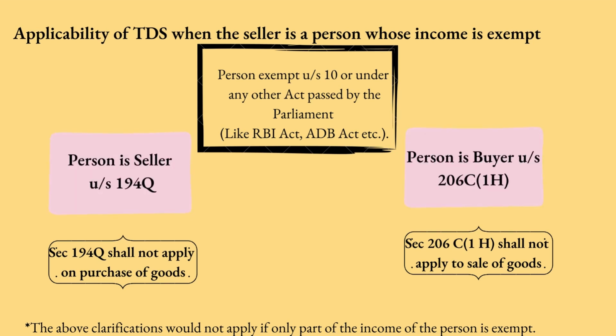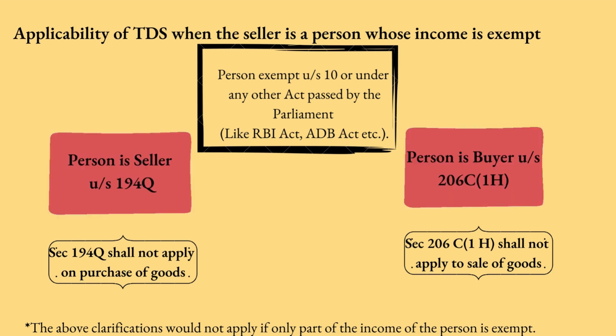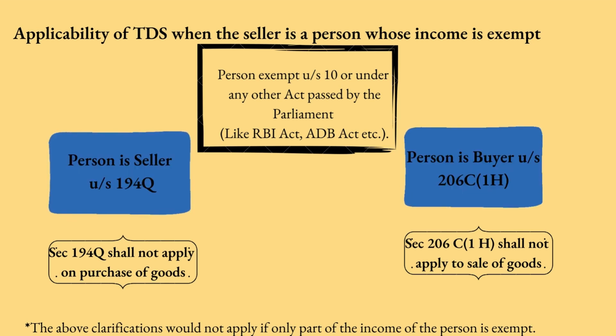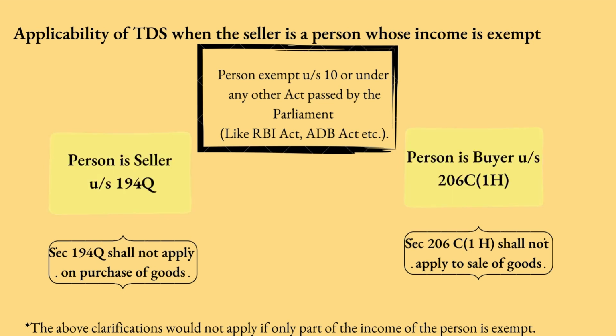Similarly, with respect to Section 206(1)(h), it has been clarified that if a person is selling goods to a buyer whose income is exempt under Section 10 or under any other Act passed by the Parliament, then even 206(1)(h) is not applicable.